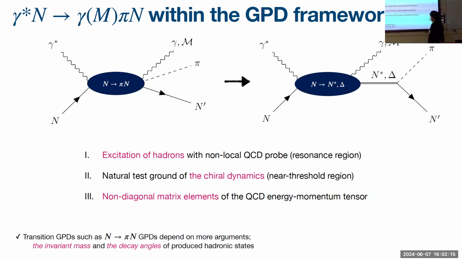First of all, they depend on many more variables than the usual GPDs, like the invariant mass and decay angles of the final state hadrons. Especially the invariant mass dependence may provide information on the nuclear resonance spectrum.